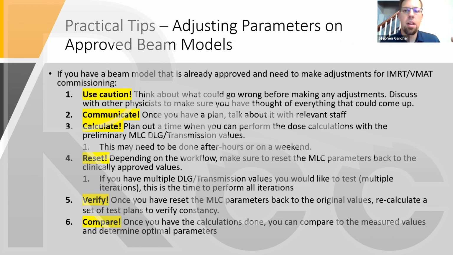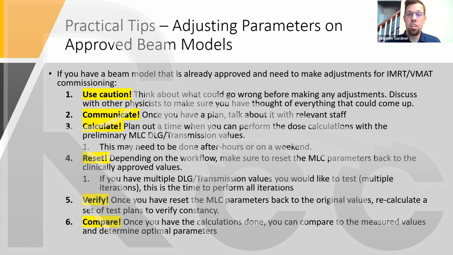So some practical tips on adjusting parameters on approved beam models. If you have a beam model that's already approved and you need to make adjustments, we went over the process to create a completely separate machine and beam model for testing. If for any reason that's not available, then we potentially have to use some caution and think about what we're doing. The first thing is just use caution.